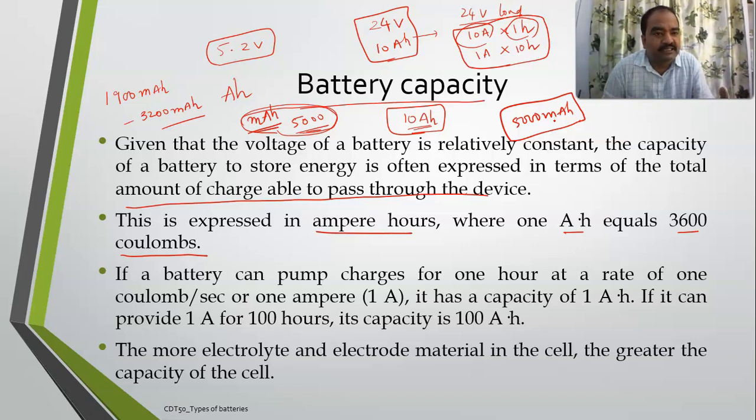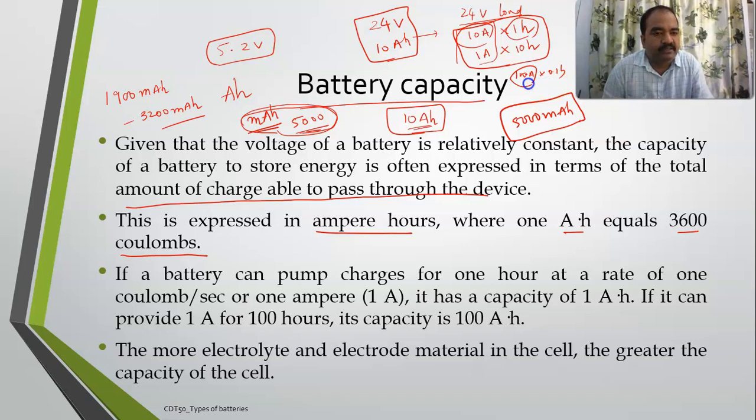Why? Because they consume a lot of current, so they consume a lot of power. They draw more current, which will drain out the battery. So that's the significance. What is the maximum load which you can apply here? That will be mentioned on the battery. You can't go for 100 amperes for 0.1 hour.